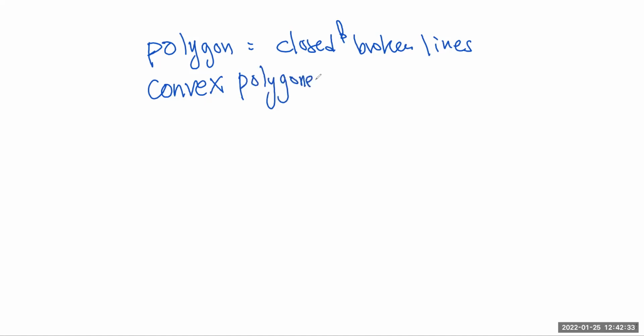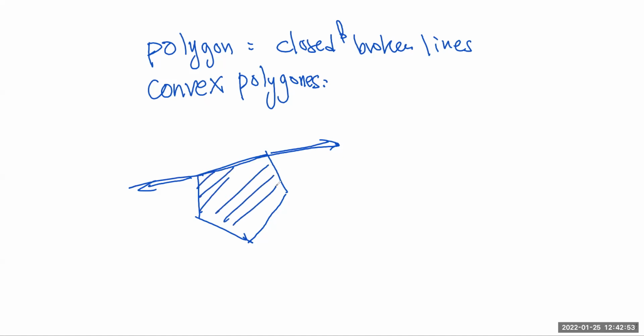Convex polygons, the definition is that when you find the sides made of the polygon, if you extend any of those, the line does not go through the interior of the polygon. Like you extend this line on both sides, it's not going inside.